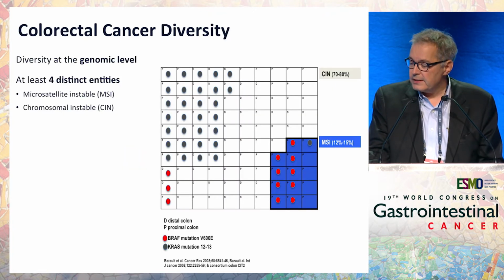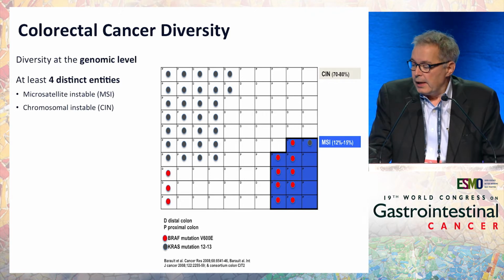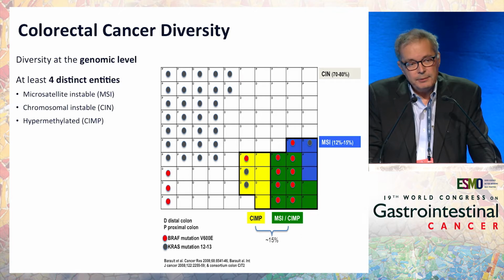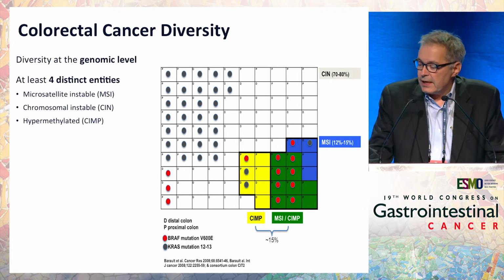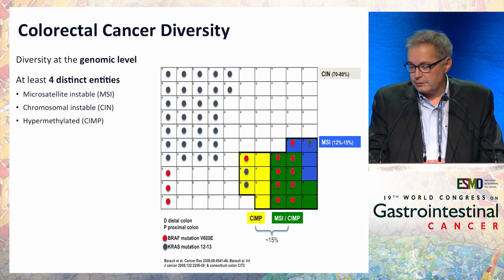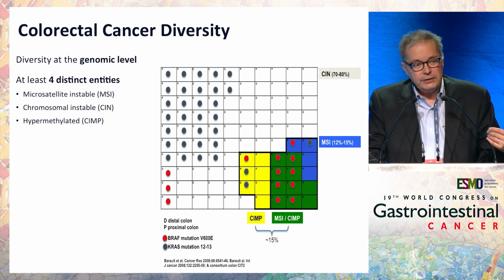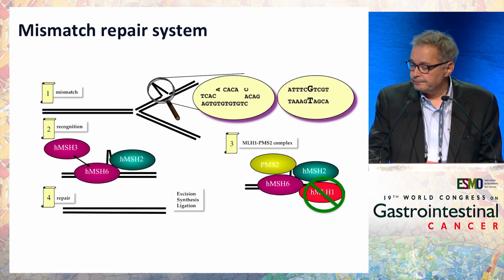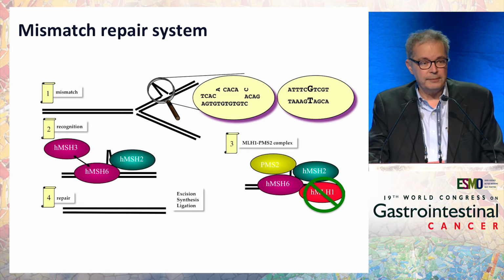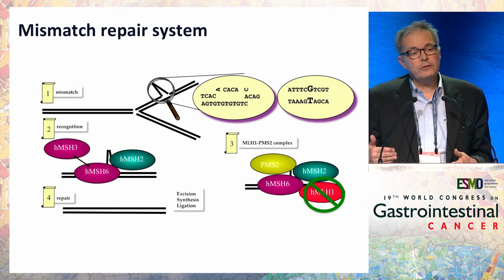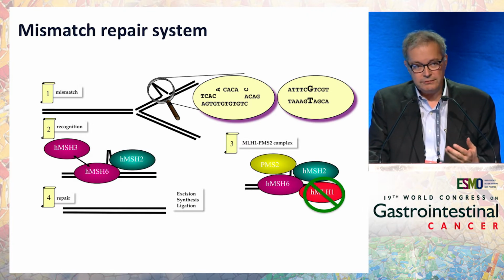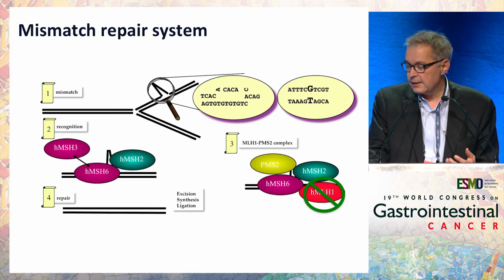So if you have this MSI phenotype, you also have a hypermethylation phenotype, which could be associated with the MSI phenotype. This hypermethylation in the promoter region of the genes induces, in some cases, a hypermethylation of MLH1, which induces the MSI phenotype, because you have a defect in one of the proteins of the complex, and you have no more MLH1 protein in your cells.